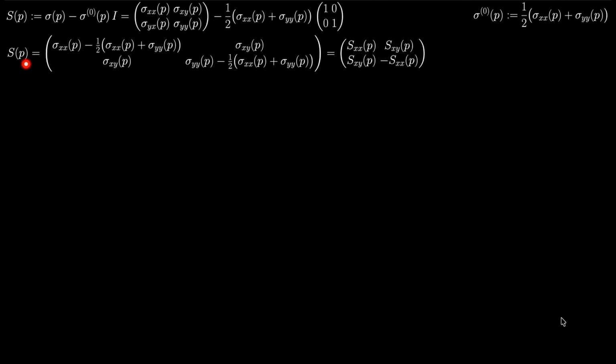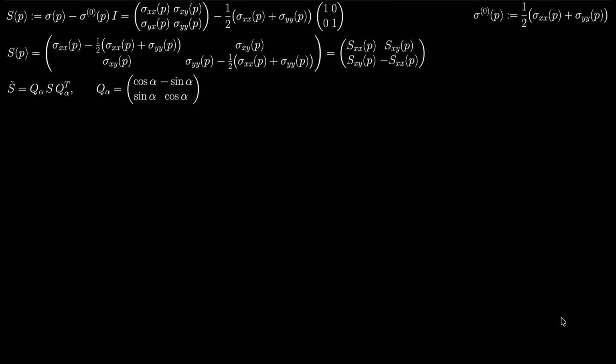The resulting definition of S, when written out in full in terms of the original components, reads as follows. If you look carefully at the terms, you can see that there are actually only two unique terms in S, which are SXX and SXY. That's why this tensor tends to be called the symmetric traceless component: the trace, the sum of the diagonal components, adds to 0, and it's symmetric because the off-diagonal components are equal to each other.